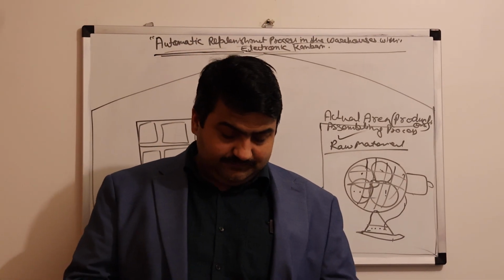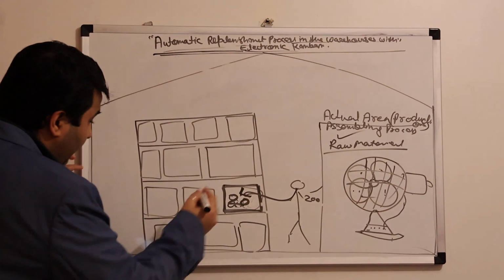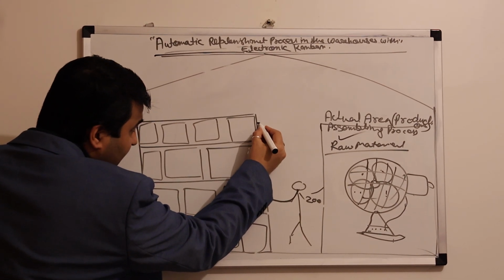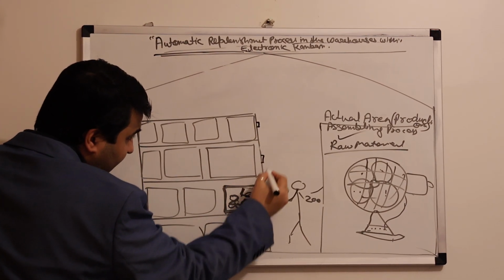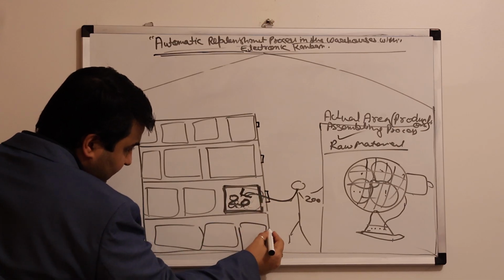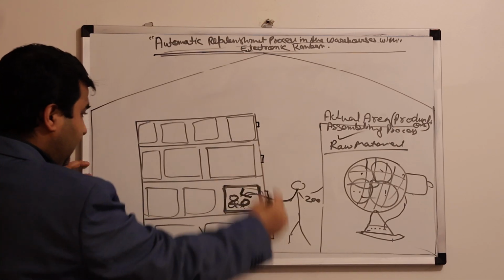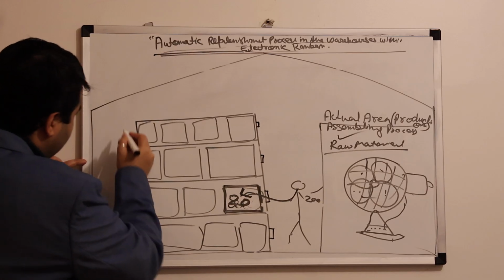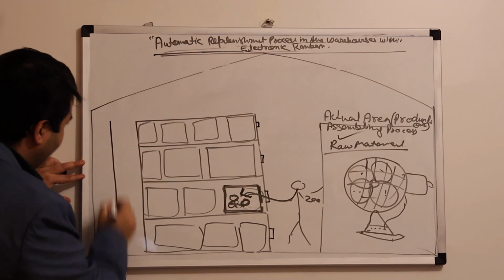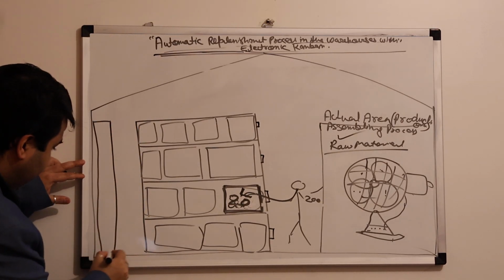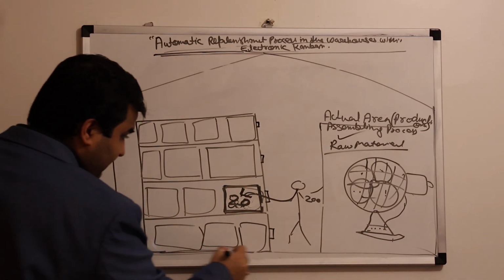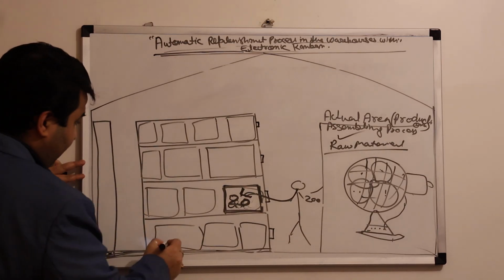Generally what happens, here we have some lights, different color indicators. Behind them we have electronic sensors, which connect with our system and with the warehouses.